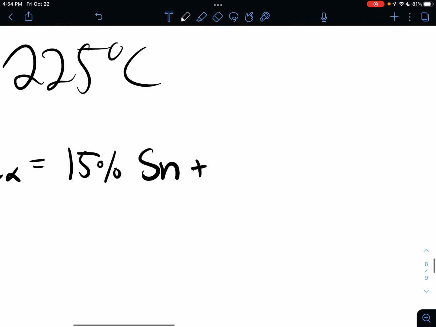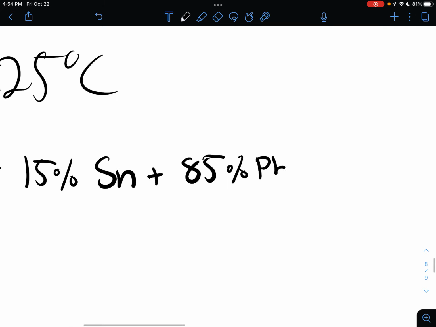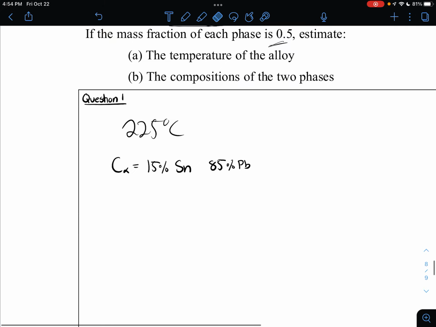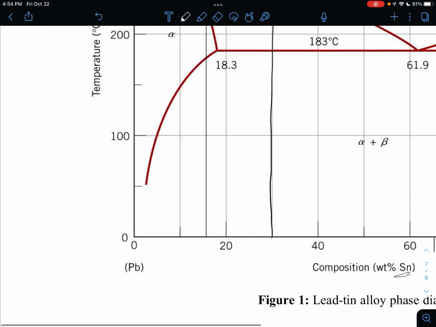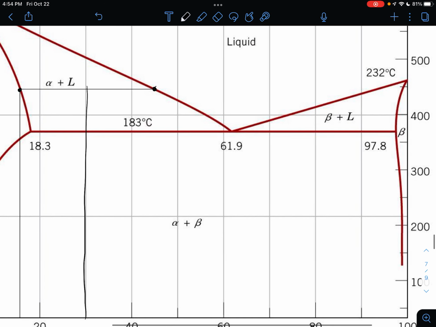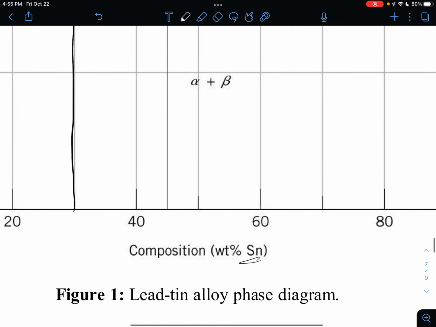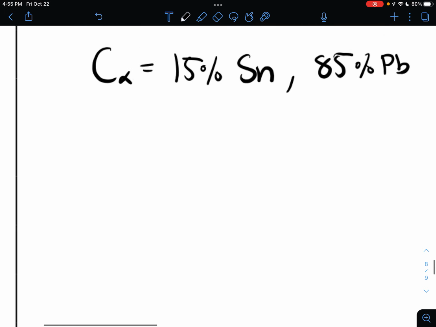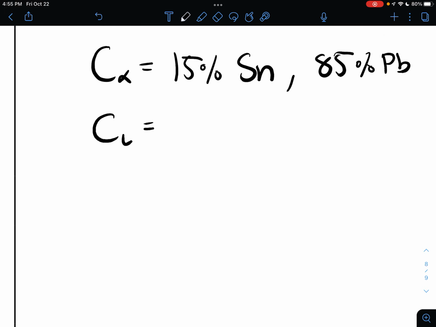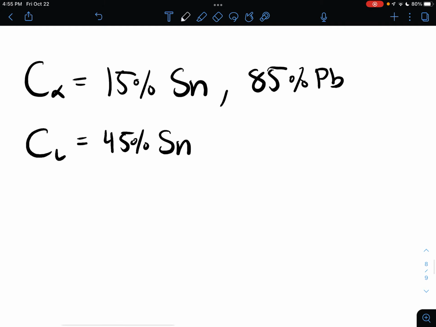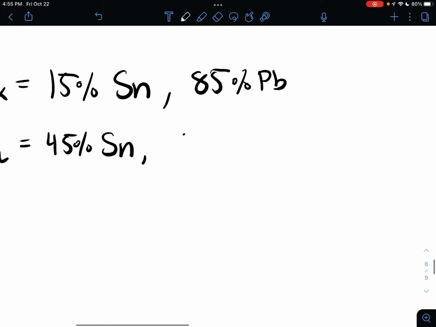And that's going to be 85% lead, right? And then we do the same thing for our liquid composition. We find our intersection and drop the line down to the axis. That's about 45%. That's our C liquid. It's going to be 45%, and again this is just our percent tin. And then we're just going to get the complementary percent for lead.